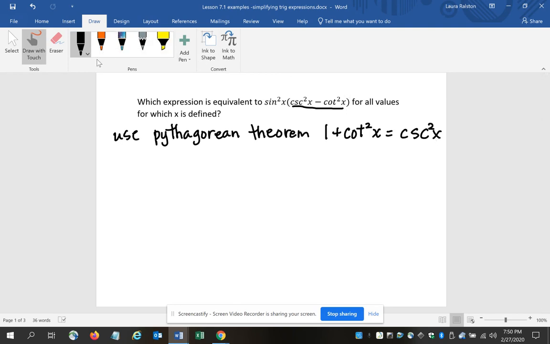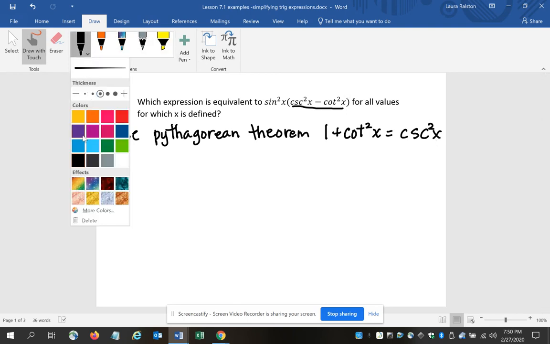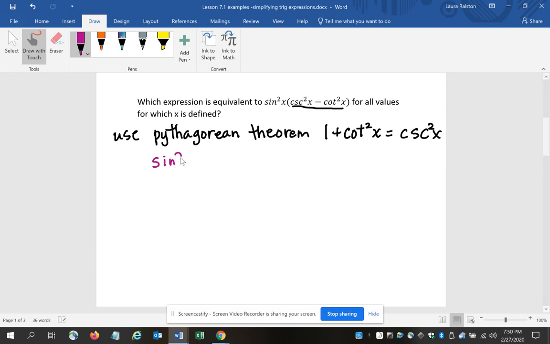And again, what we're going to do is use the idea of substitution to help us work this problem out. So I have sine squared x times cosecant squared x minus cotangent squared x.